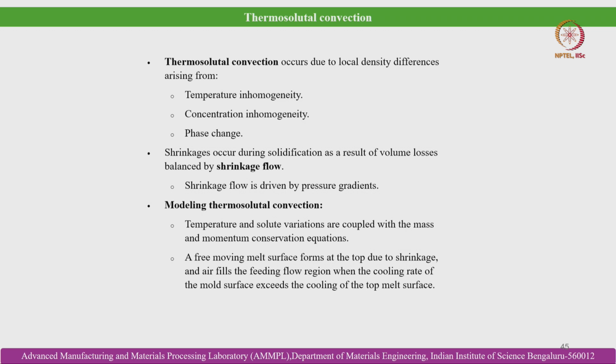So, before going to the research results, let us discuss thermosolutal convection. Thermosolutal convection occurs due to local density differences arising from temperature inhomogeneity, concentration inhomogeneity, and phase change. Shrinkages occur during solidification as a result of volume losses balanced by shrinkage flow, and shrinkage flow is driven by pressure gradients.